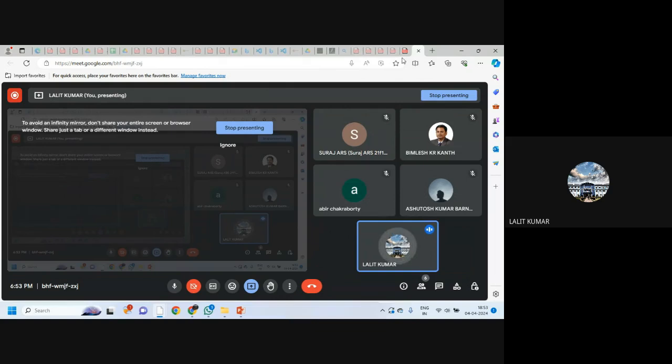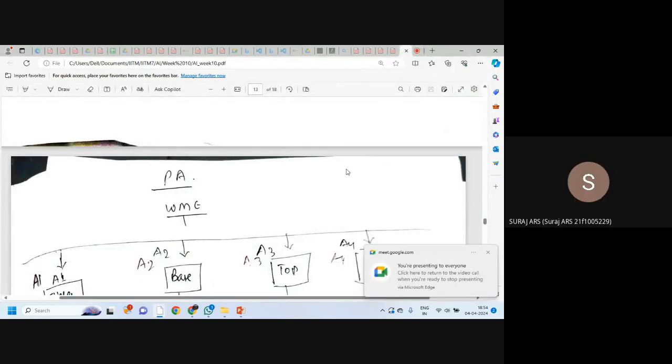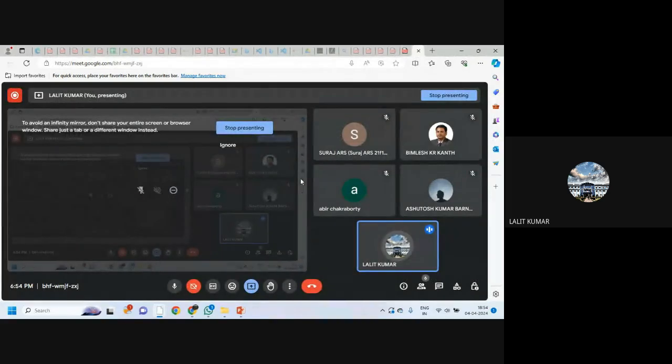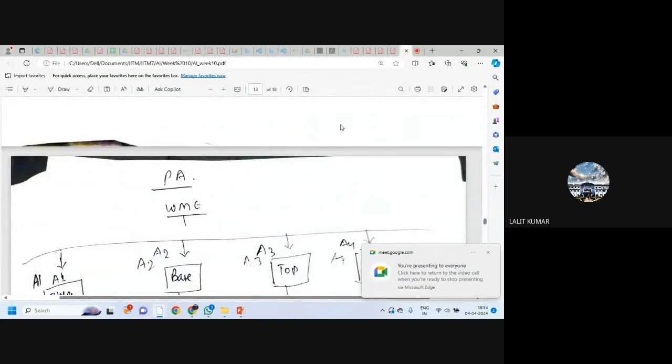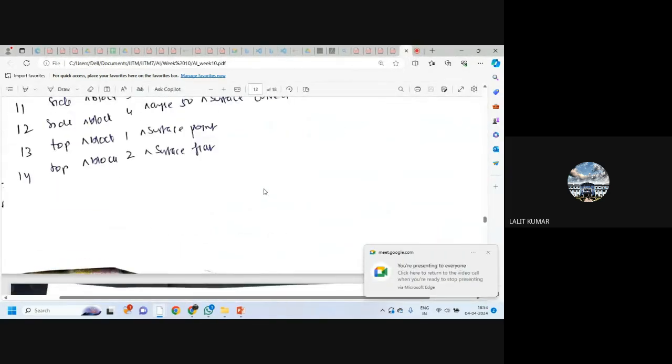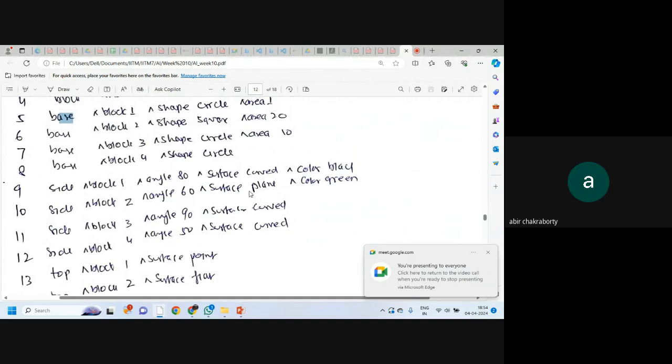It's visible, right? Yes, it's visible. Okay, now can you see which WMEs will be sitting where? Yes, I have the PAs open. So we can see the WMEs.